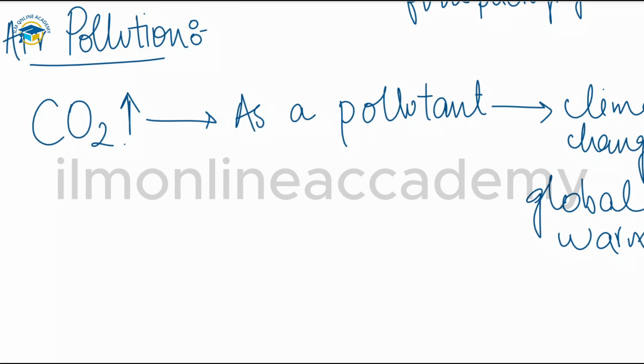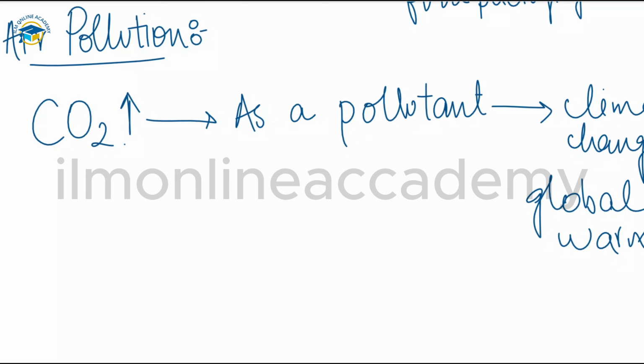They often contain some impurities, so when we burn them, when we do combustion, a lot of air pollutants are released from their burning. That causes pollution in our environment.